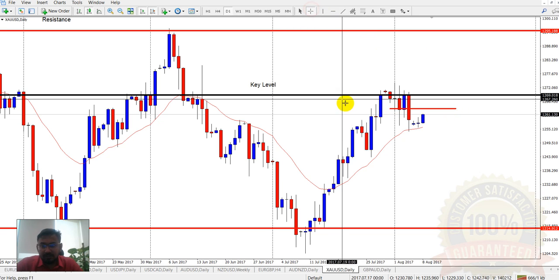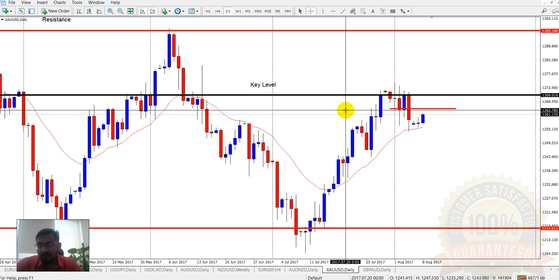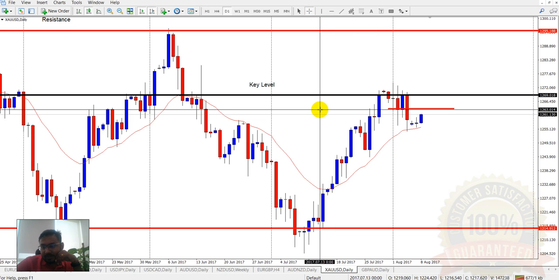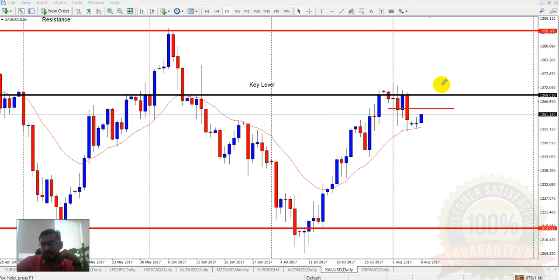What is the price of this? 1262, 1263. So once price reach this level, I will look to go short and bring the price down, because you see it's very simple in gold.